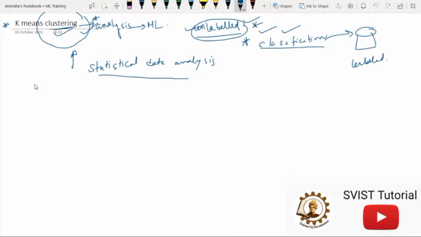When we visit any shopping mall, we can observe that things which have similar usage, or similar utility, are grouped together.